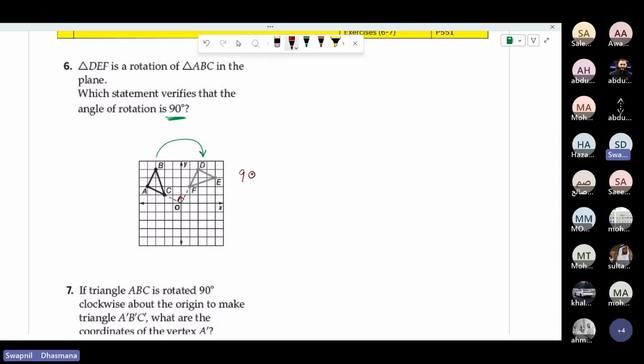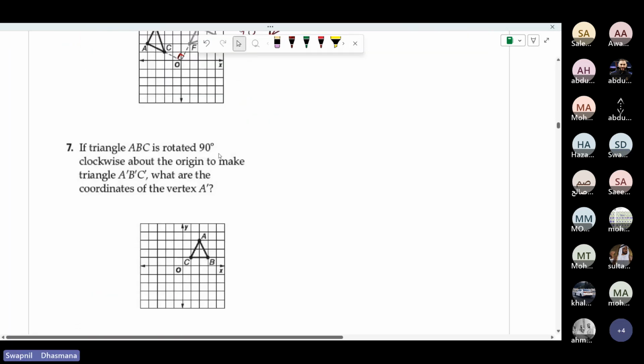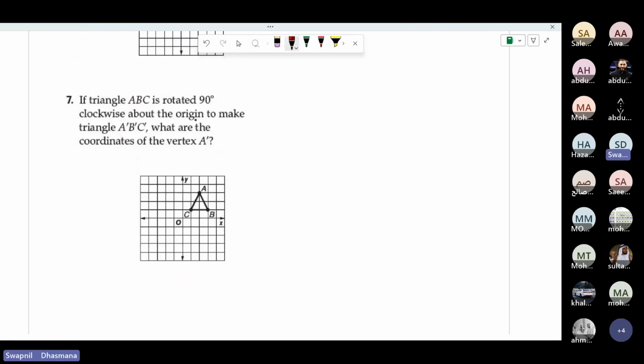So 90 degrees clockwise. Here it is rotated 90 degrees clockwise. I'll just draw this. So this triangle across the origin, 90 degrees clockwise. Clockwise means like this.